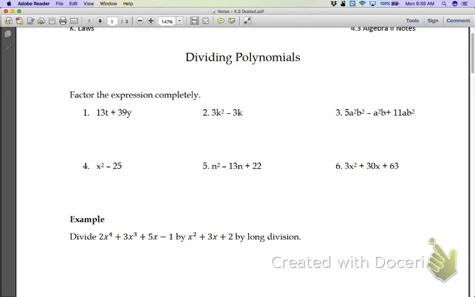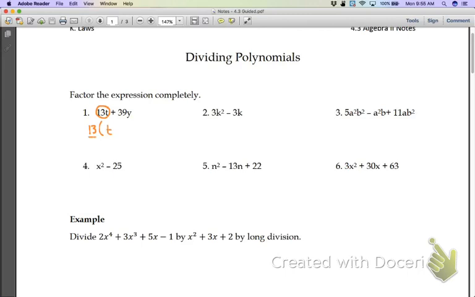So like if I have 13t plus 39y, what number can I factor out of each, the 13t and the 39y? A 13. So if I can factor out a 13, essentially what I'm doing is dividing 13t by that 13, leaving me with just what?